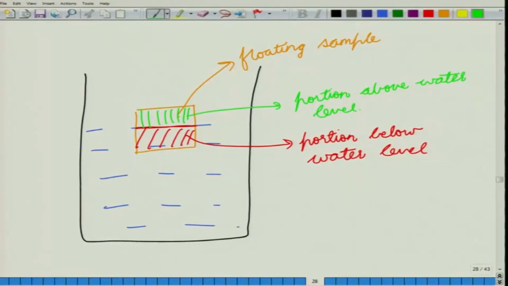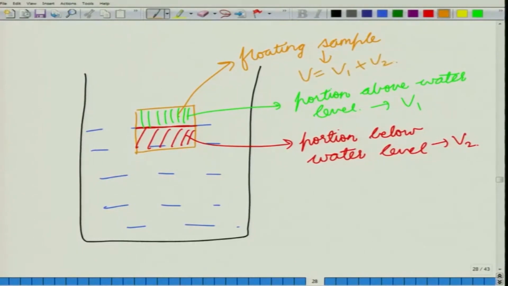Now, let us consider that the portion above has a volume of V1 and the portion below has a volume of V2. So, what is the volume of the floating sample? The total volume V is equal to V1 plus V2.